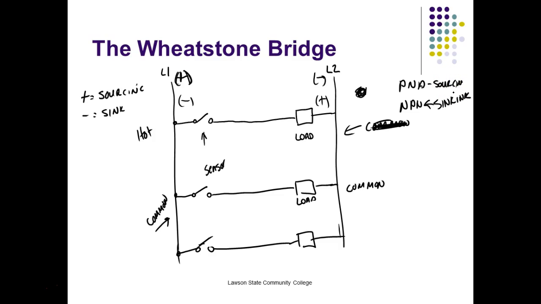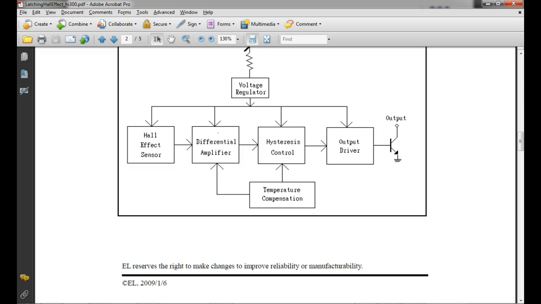So when I look at this diagram right here, this is an NPN transistor. So that means it's sinking. If I hook a load up to this, which I'm using the LED, I'm trying to get to my markers, guys. Oh, this is the data sheet. I'm sorry.